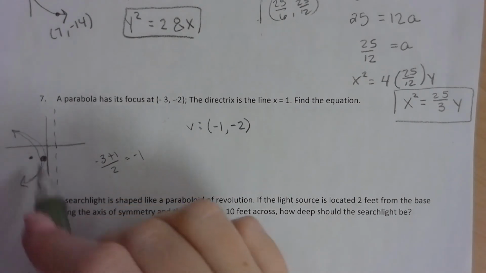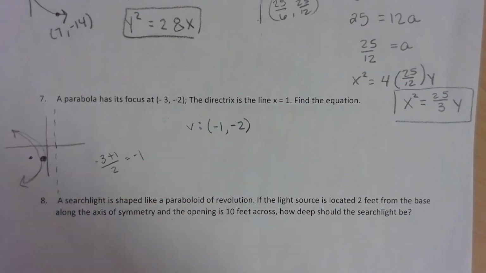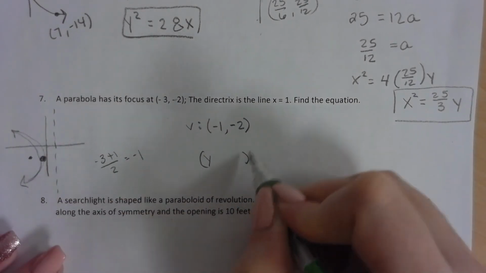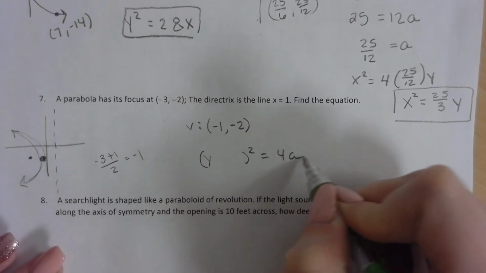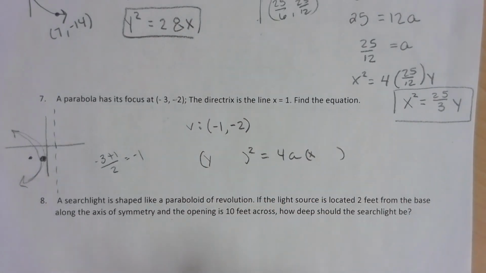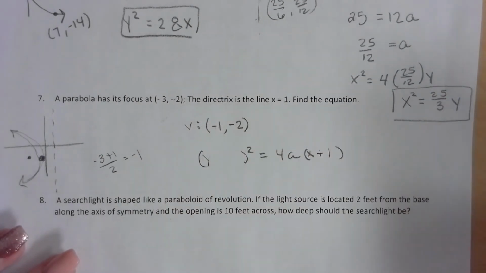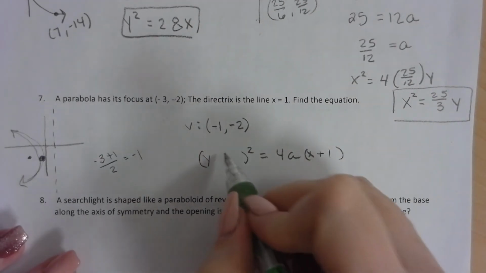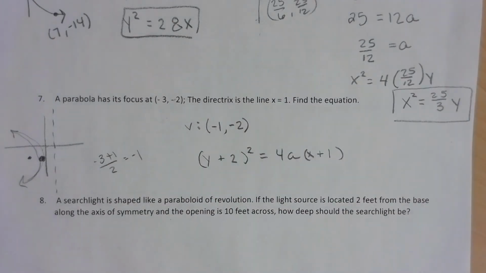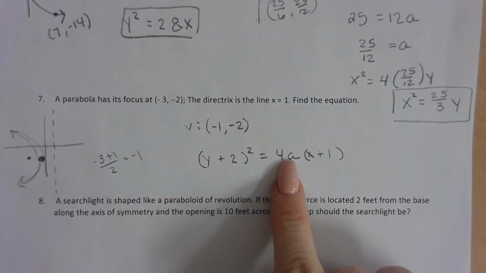So because it's opening to the left, we know that that's a y squared. So y squared equals 4a times x. Our x value is -1, so in our parentheses it's going to be +1. Then our y value is -2, so it's going to be +2. Now I need to figure out my a value.